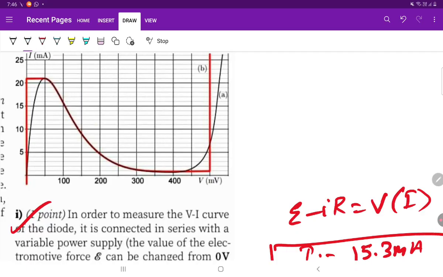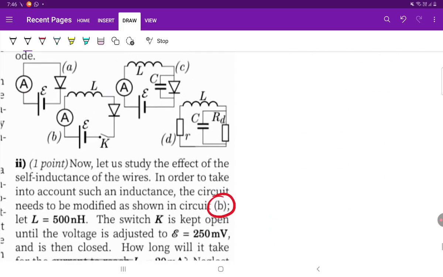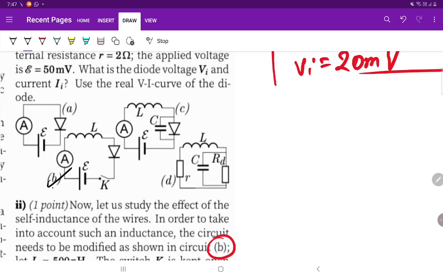And you know that in forward bias it acts as a simple closed wire with zero resistance. Now just for circuit B, you can just write E minus L di by dt is equal to 0.